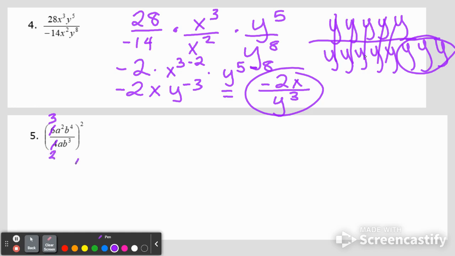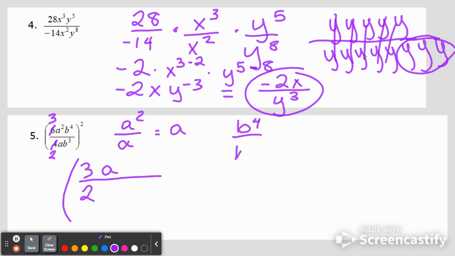So far inside of my parentheses, I have 3 over 2. The a's, so I have a squared over a, which is going to leave me with a to the 2 minus 1, which is just a. That is in the numerator. Then I have b to the 4th over b cubed. Again, that's just 4 minus 3, so that leaves me with b in the numerator.